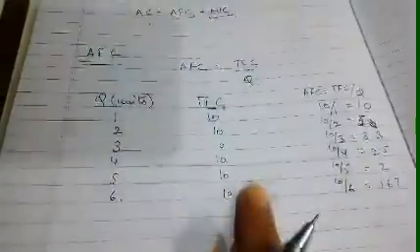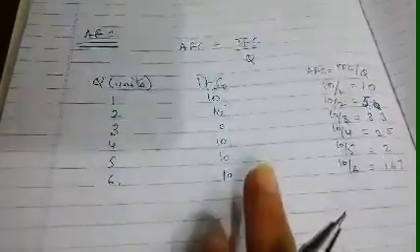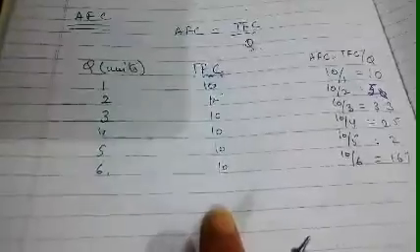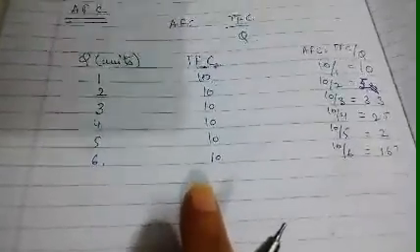Now if we plot the graph of average fixed cost, it is always a rectangular hyperbola. So if we plot the graph, on the x-axis we are going to take the output.